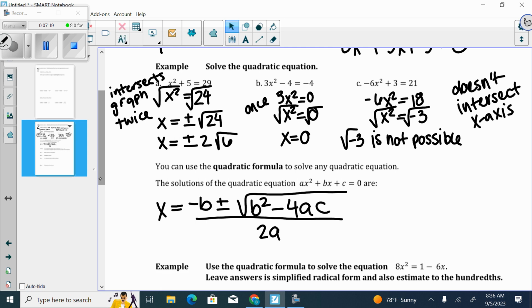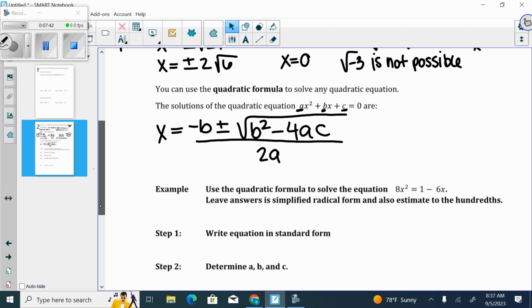And remember, anywhere there's an a, you're going to substitute in the coefficient of your x squared term. Anywhere there's a b, you substitute in the coefficient of your linear term, x. And anywhere there's a c, you substitute in your constant. If any of those things are not there, they're understood to be 0, if they're not part of the equation at all.